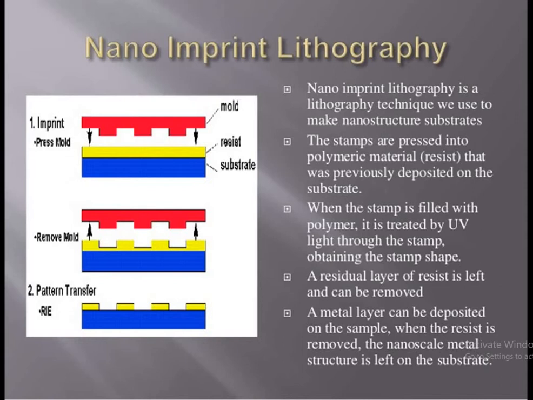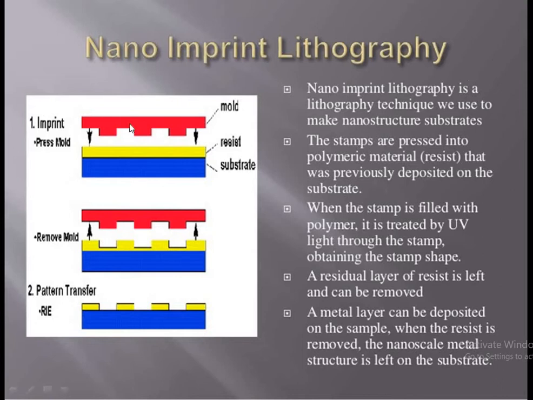Next one is nano imprint lithography. As you know, imprint means impressions. Here you can see this is the substrate, this is the resist and this is the mold. It is a lithography technique which is used to make nanostructured substrates.